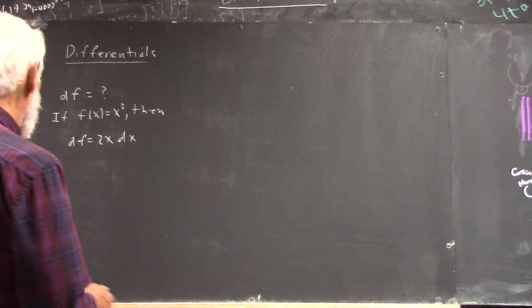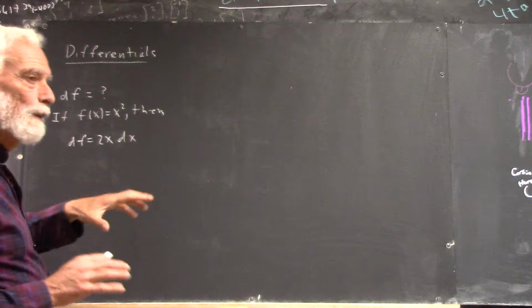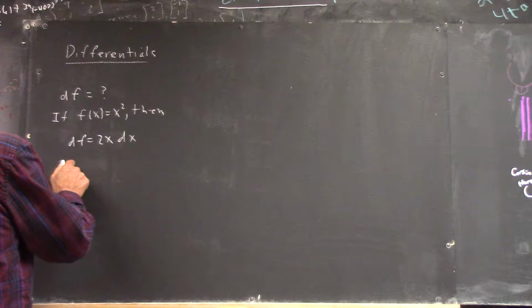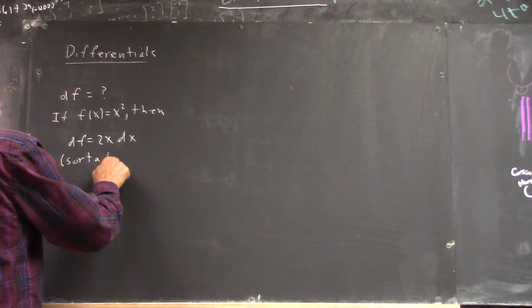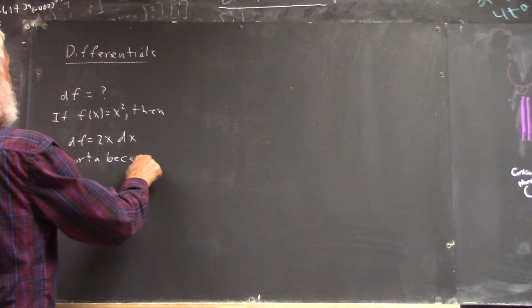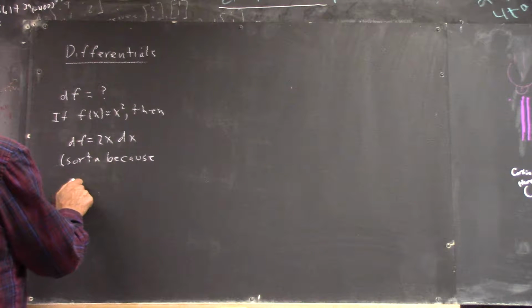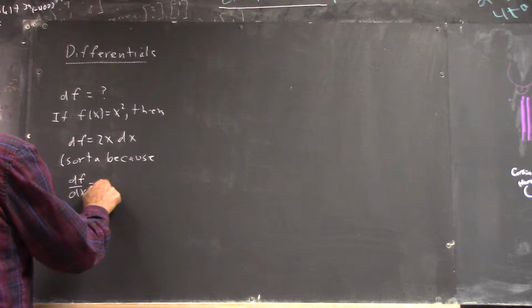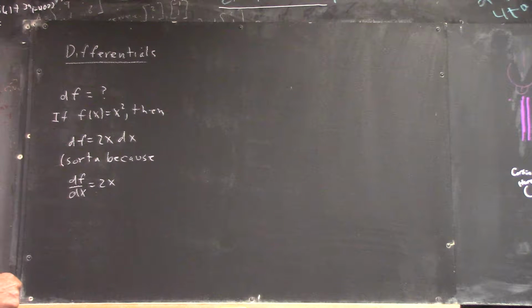now we can do a little fuzzy math with the notation. I'll say sort of, because df/dx equals 2x, right?